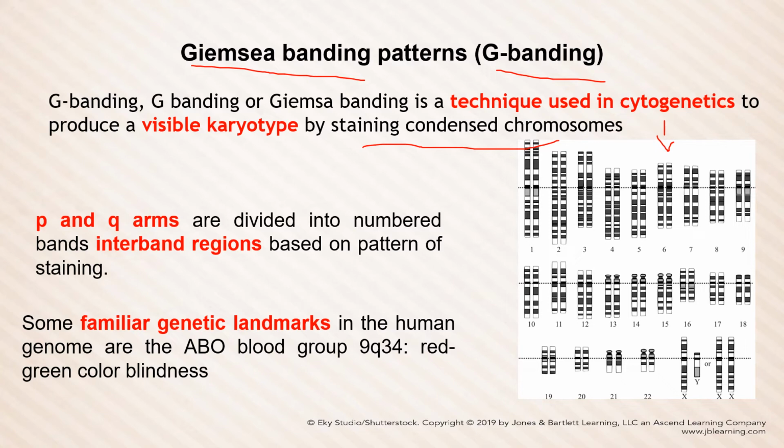You can see interband regions based on the patterns of the staining, and those interband regions between light and dark regions are very well characterized, and there are some familiar genetic landmarks. So, for example, you can determine the blood group, color blindness, and different types of diseases. So this is an easy and cheap way to detect several types of diseases.